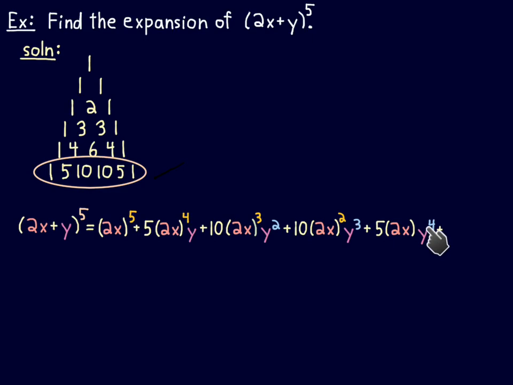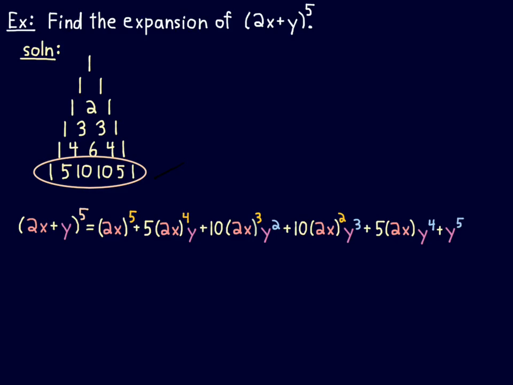Notice there's 1, 2, 3, 4, 5 factors. This counts as 1 in this case, right? 1, 2, 3, 4, 5. 5, right? And the next one will have a binomial coefficient of 1, right? Which I won't write. And you just get y to the 5th.